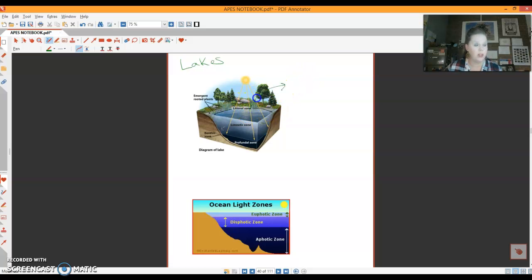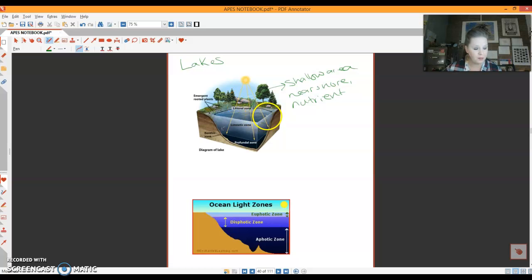The littoral zone is the shallow area near the shore, and it is nutrient rich. It has to be because there are aquatic plants rooted there.